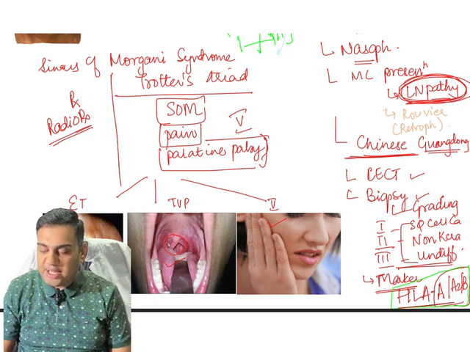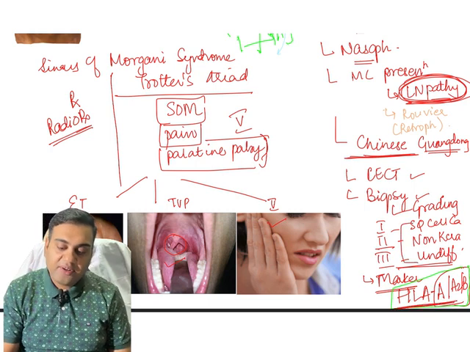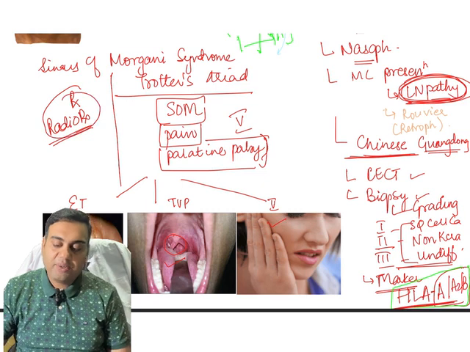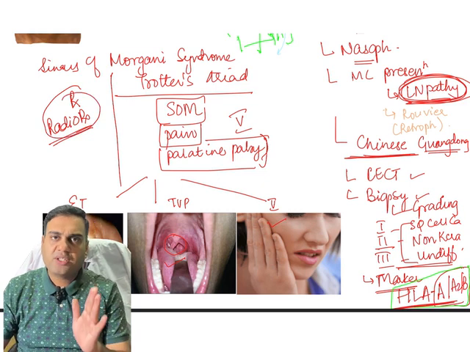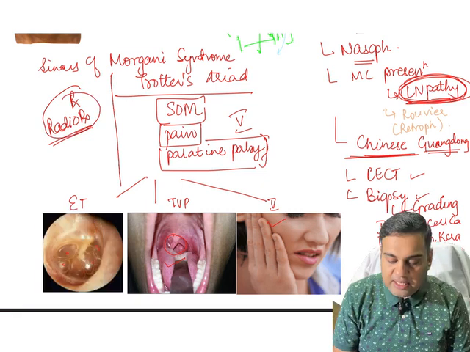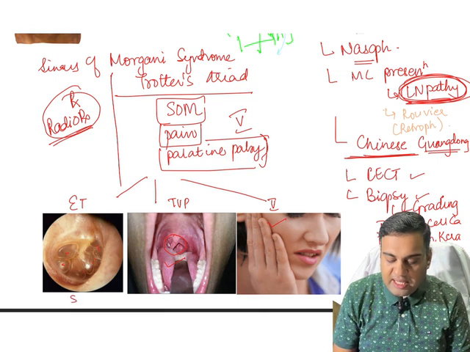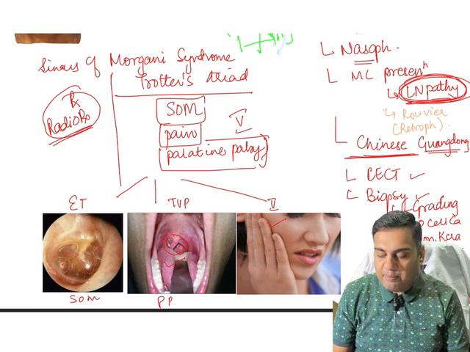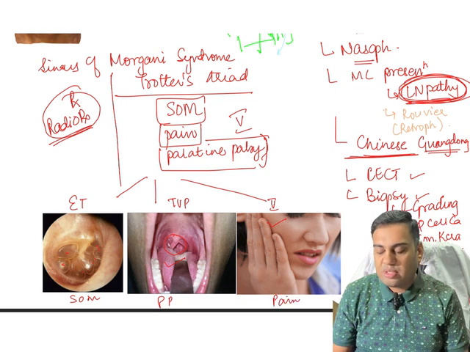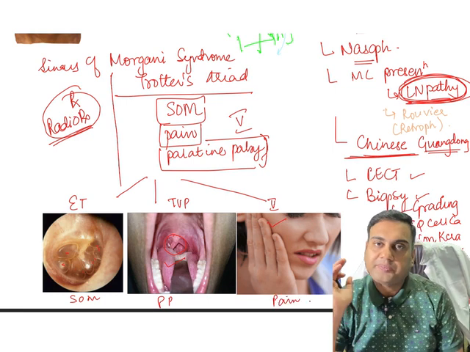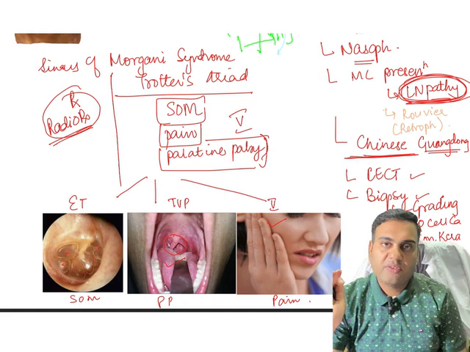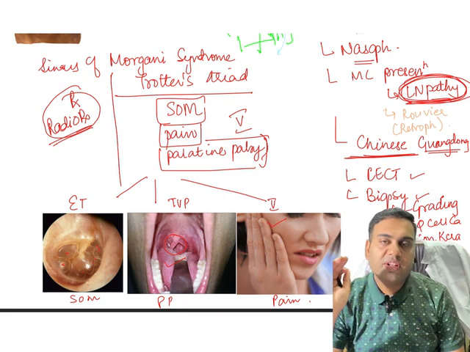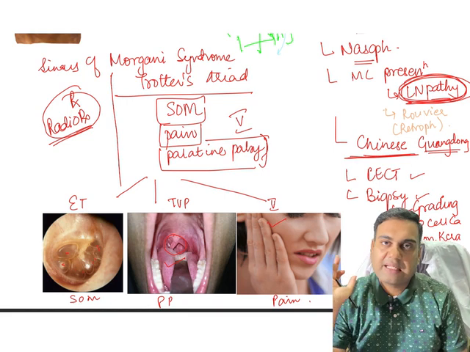Tumor marker is HLA, and the treatment is radiotherapy. If somebody asks you what is Trotter's triad, it is secretory otitis media, secondary to eustachian tube blockage, palatine palsy, and pain on the mandibular branch of the trigeminal nerve because of sinus of Morgagni contents.